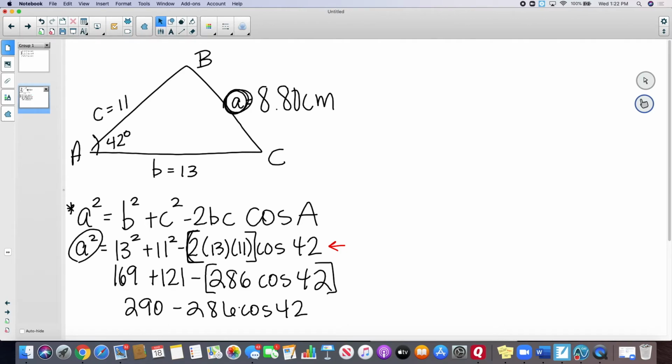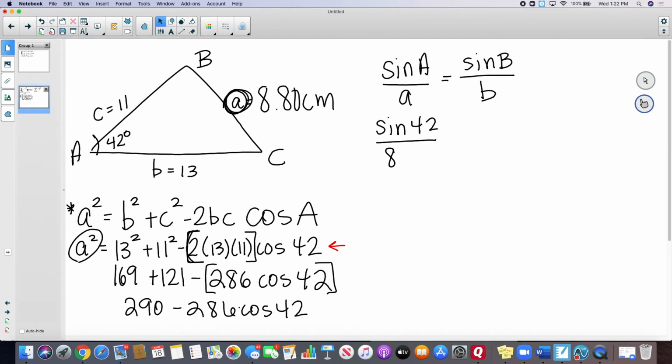You don't have to. You could continue with law of cosines, but law of sines is an easier problem to work. So I'm going to say sine A over A equals, and you can do B or C. It doesn't matter. We'll just do B. Sine B over B. So sine 42 over 8.8 equals sine B over 13.